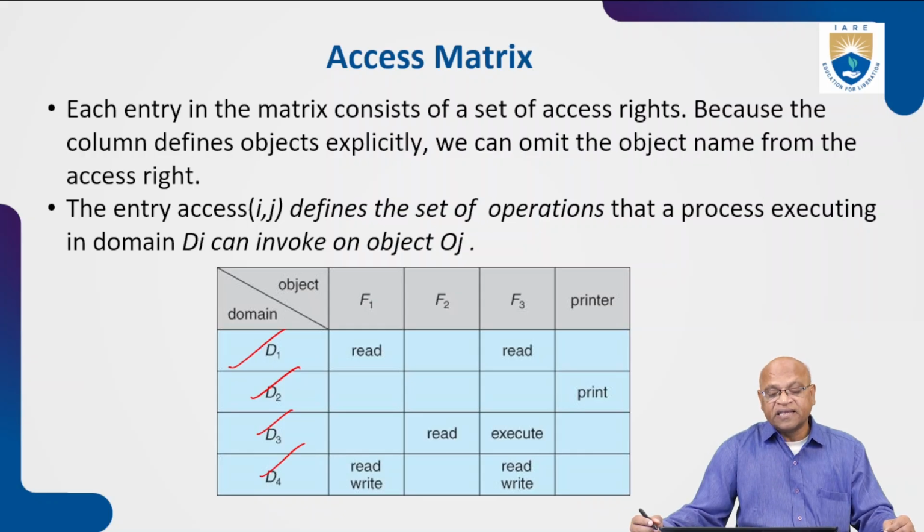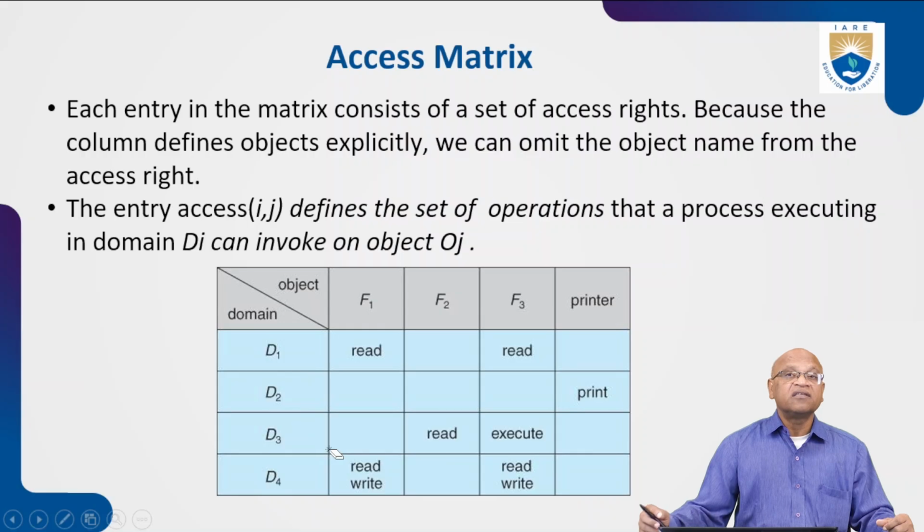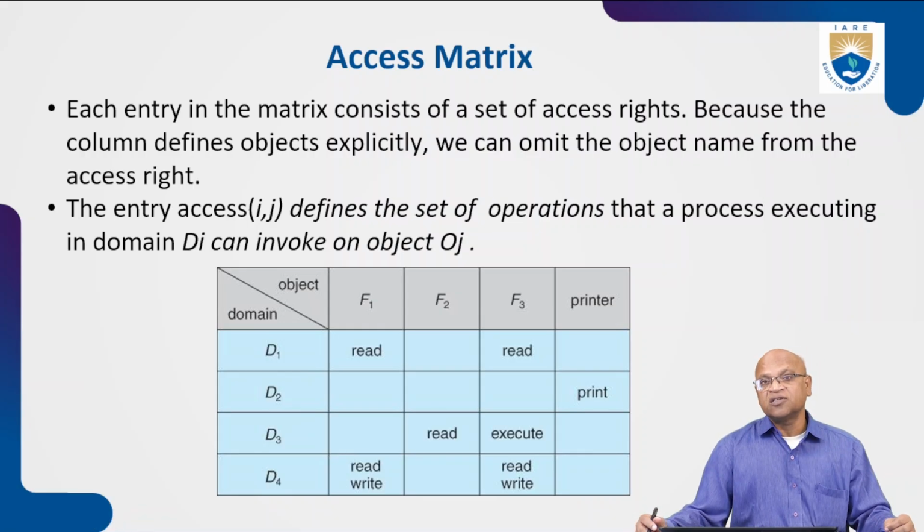Each entry in the matrix consists of a set of access rights. Because the column defines the object explicitly, we can omit the object name from the access right. The entry access(i, j) defines the set of operations that a process executing in domain Di can invoke on object Oj. So there should not be any unauthorized access to other resources.